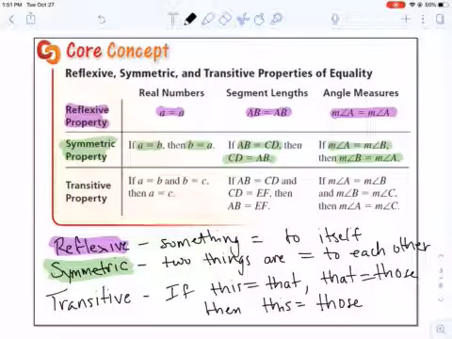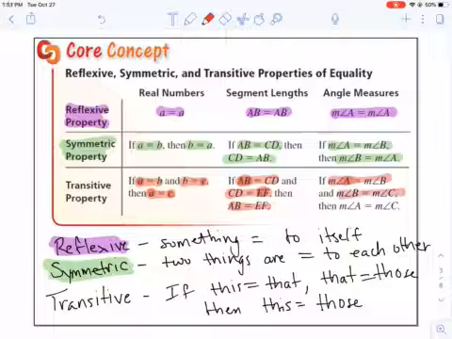The example they gave here is A equals B and B equals C, so A equals C. Notice how your first ends up being equal to your last. Same thing here. AB equals CD and CD equals EF, so AB equals EF. The measure of angle A equals the measure of angle B. The measure of angle B equals the measure of angle C. So the measure of angle A has to equal the measure of angle C. And that is transitive.